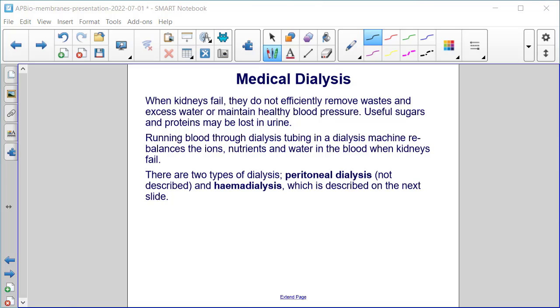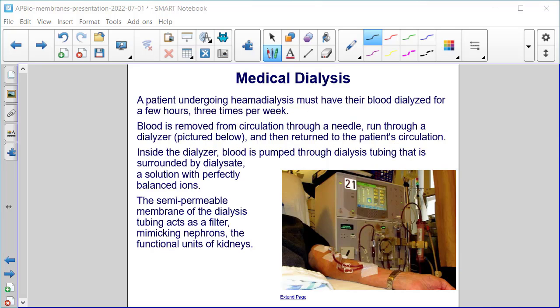Running blood through dialysis tubing in a dialysis machine rebalances the ions, nutrients, and water in the blood when kidneys fail. There are two types of dialysis: peritoneal dialysis, which is not being described, and hemodialysis, which is described on the next slide. A patient undergoing hemodialysis must have their blood dialyzed for a few hours 3 times per week.